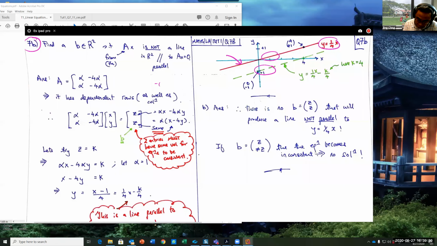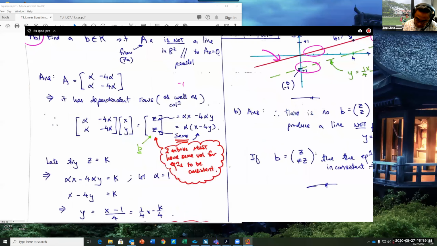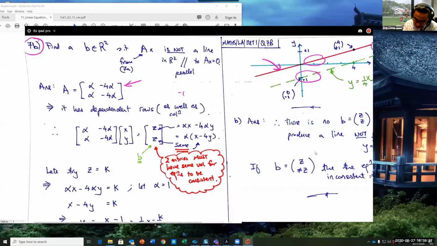Okay, first we generalize. Just now we put alpha is 1, and therefore this is 1 minus 4, 1 minus 4.